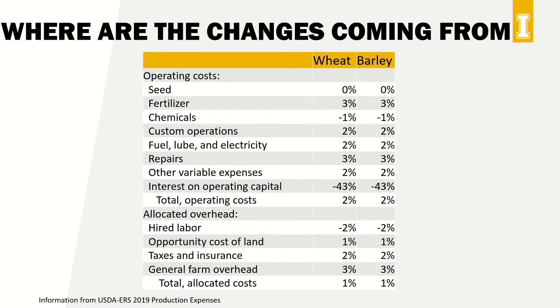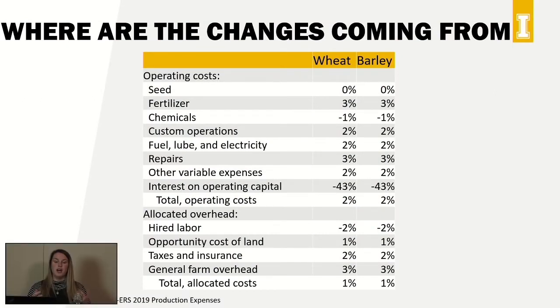So where are these changes coming from, though? Are we seeing changes? When we dive deeper into that U.S. cost of production for wheat and barley, we find that there are changes. You can see that fertilizer costs actually went up. We saw that in 2020, and that could be because of foreign trade.